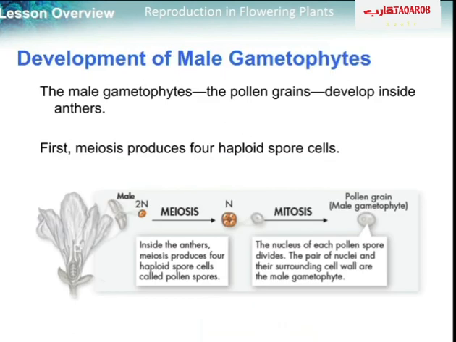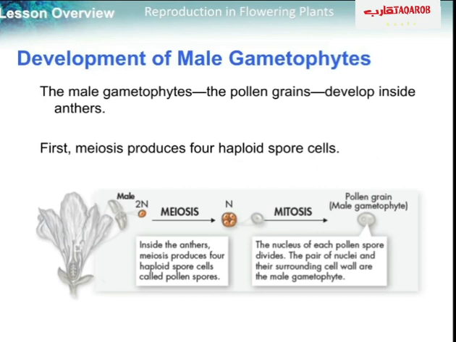Let's start with the development of the male gametophyte. The male gametophyte, which is the pollen grain, develops inside the anther. So let's check the cycle. Meiosis produces 4 haploid spore cells.